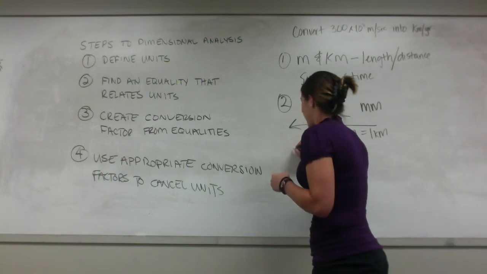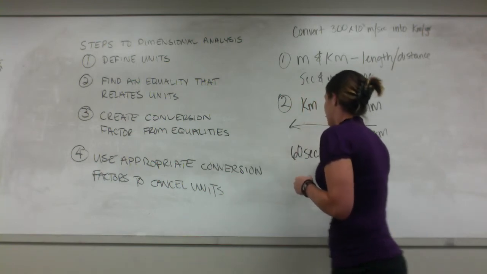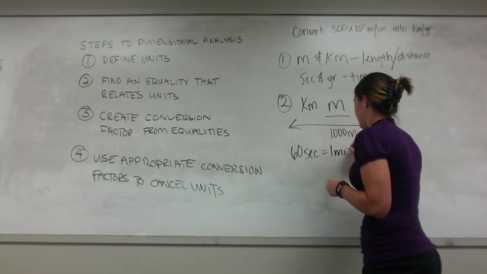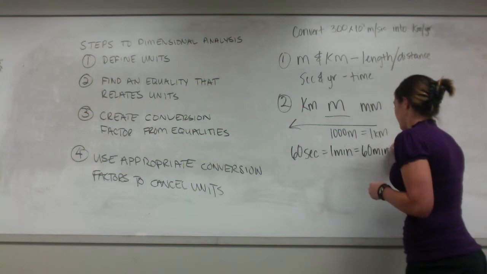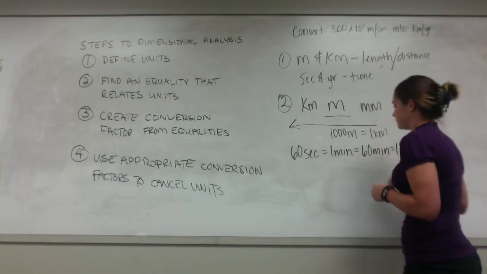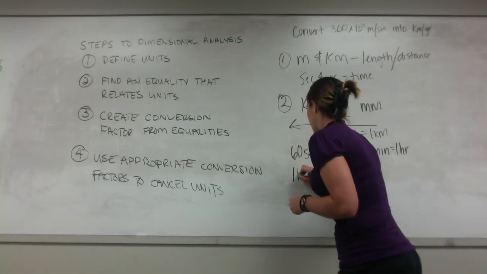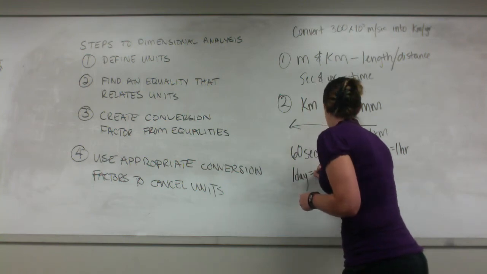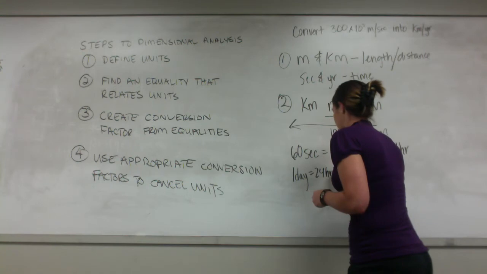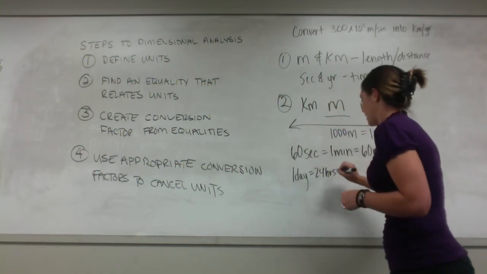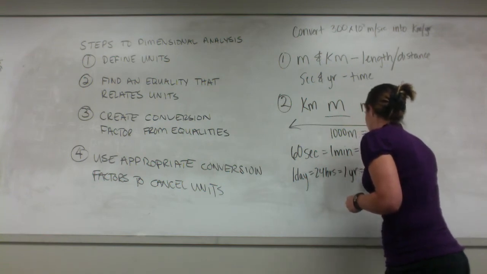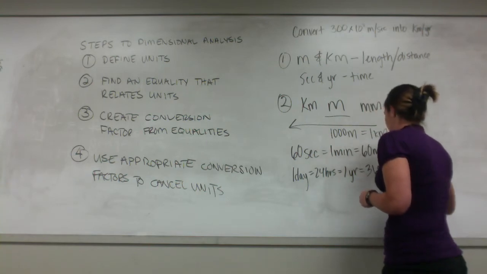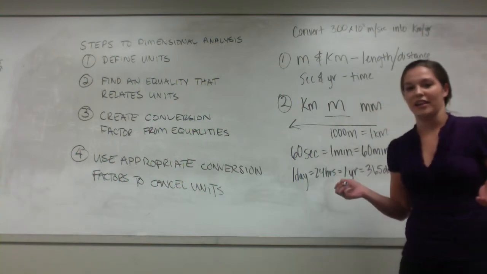So you have 60 seconds is 1 minute, and then 60 minutes is 1 hour, 1 day is 24 hours, and then 1 year is 365 days, and we're assuming it's not a leap year.